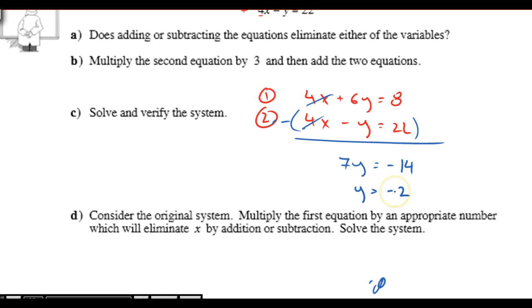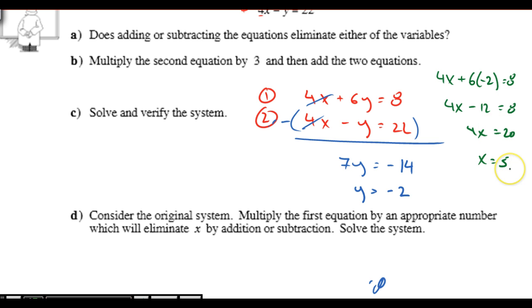And then again, you need to now find the x. So I'm going to substitute the negative 2 back in for y. So it's going to be 4x plus 6 times negative 2 equals 8. 4x minus 12 equals 8. 4x equals 20. x equals 5.